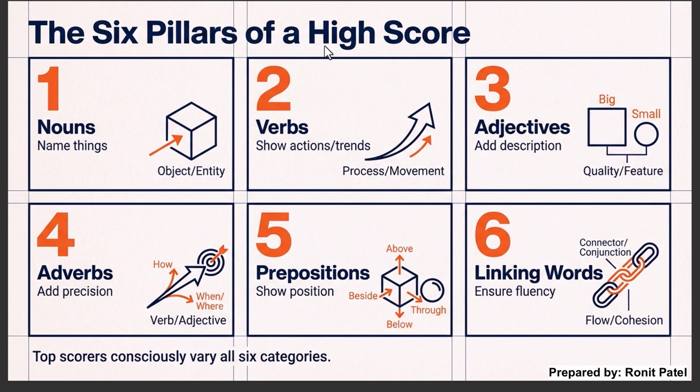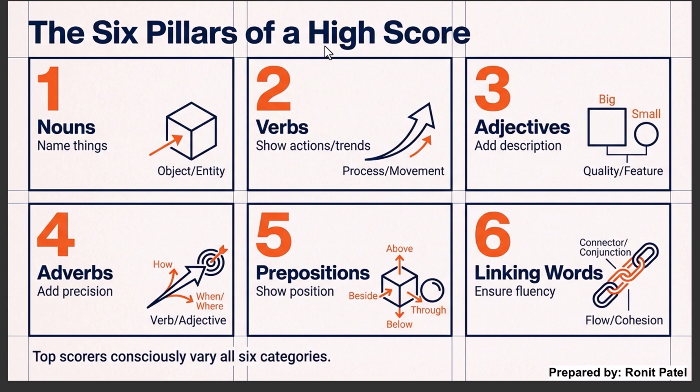Prepositions. Prepositions show spatial intelligence. This is the hidden band 90 weapon. Examples: in the foreground, at the top, between 2010 and 2020. Exam impact is it improves accuracy and naturalness. Linking words, last.